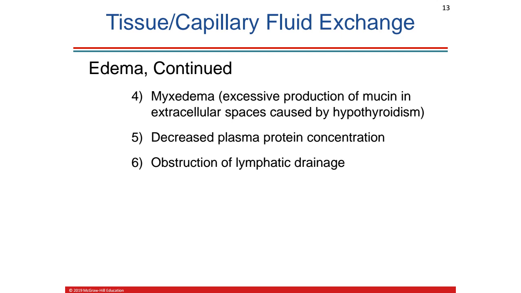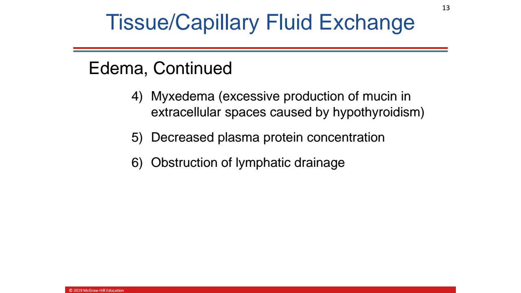In addition to liver disease, kidney disease may also lead to a change in plasma protein concentration. Normally, filtration in the kidney works such that blood cells as well as proteins are left within the blood plasma and are not filtered. In other words, they don't end up in the filtrate within the kidney tubules.